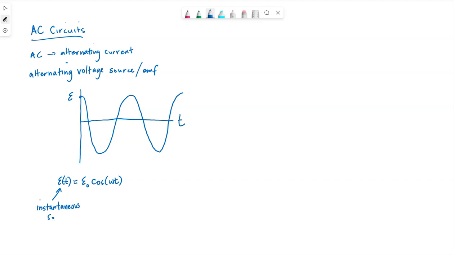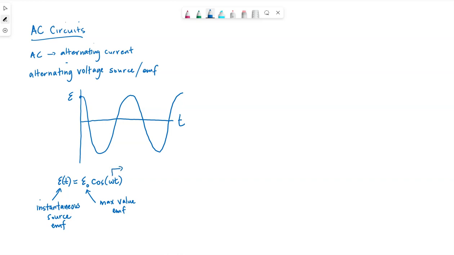This epsilon naught represents the maximum value of the EMF. If you remember any sine or cosine function, that's the amplitude. So the maximum value of that source voltage that is supplied to the circuit.